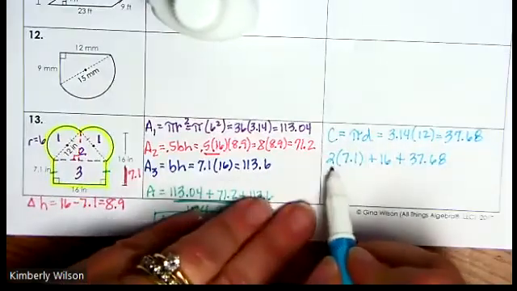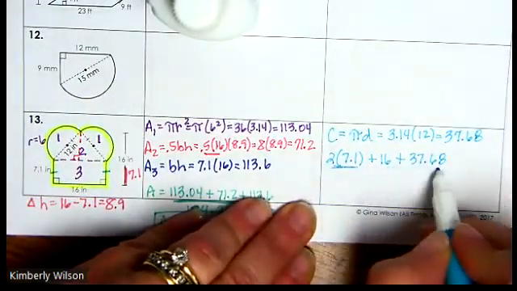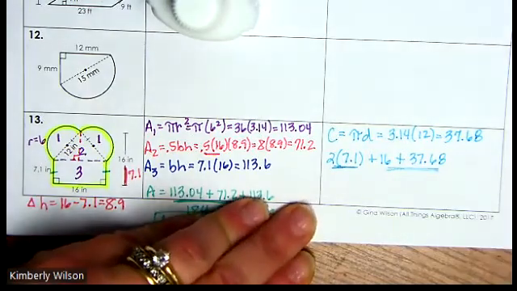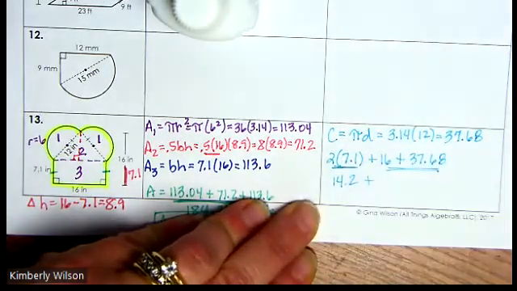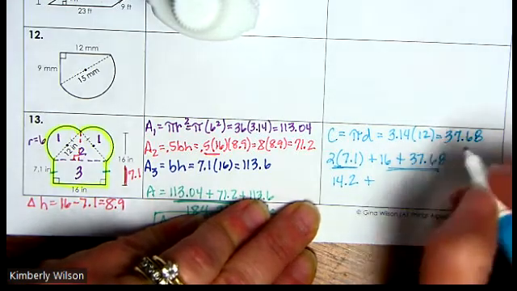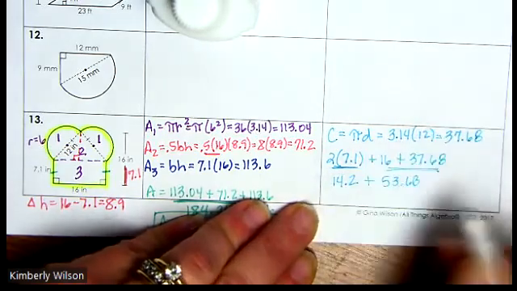Okay, so I'm going to do this multiplication, and I can also do this addition. 2 times 7.1, which gives me 14.2 plus 16 plus 37.68, which gives me 53.68.